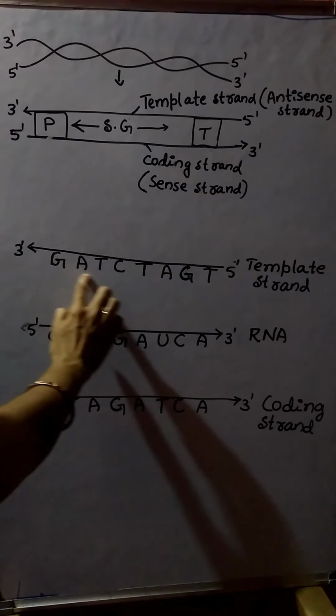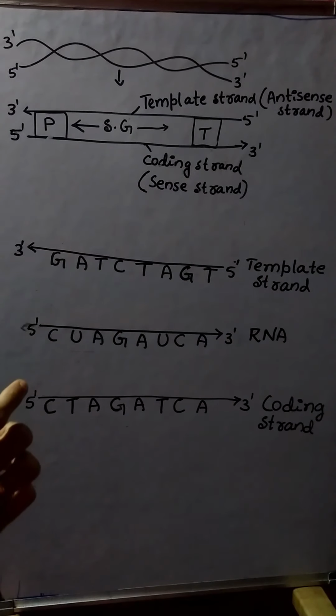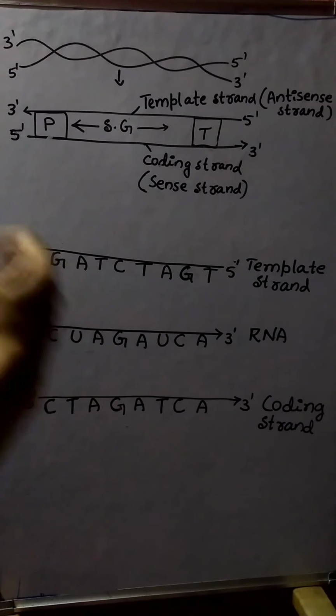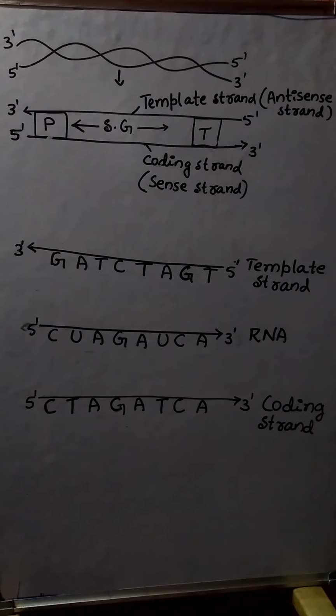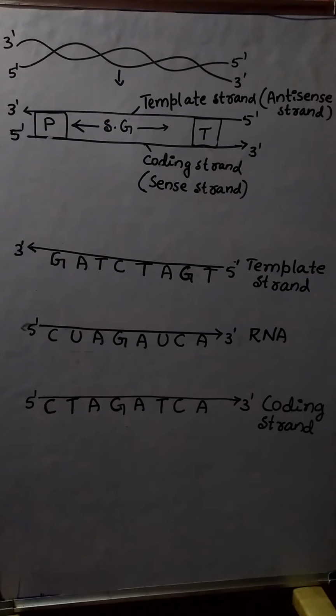See, this is the base sequence present in the template strand, and already we have discussed in the Watson and Crick model that in case of DNA there is complementary base pairing. In the structure of DNA, between two polynucleotide strands, complementary base pairing is present.